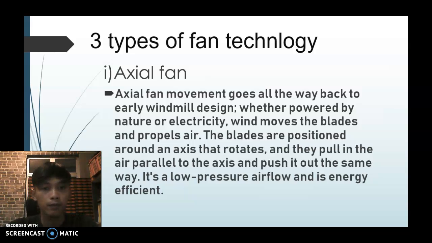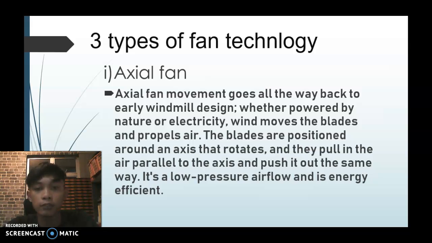Three types of fan technology. Axial fan. Axial fan movement goes all the way back to early windmill design, whether powered by natural wind or electricity, which moves the blades and propels air.